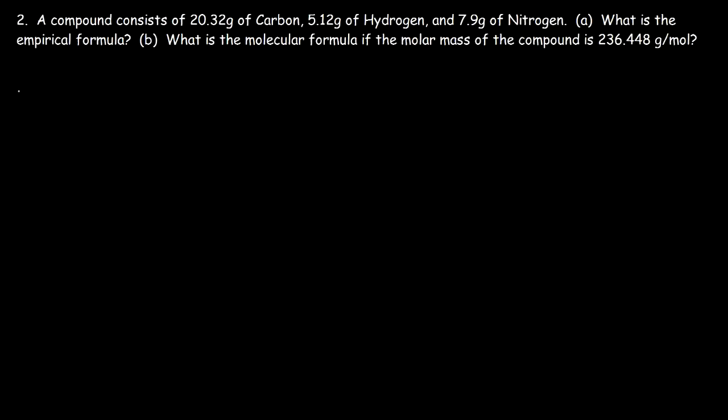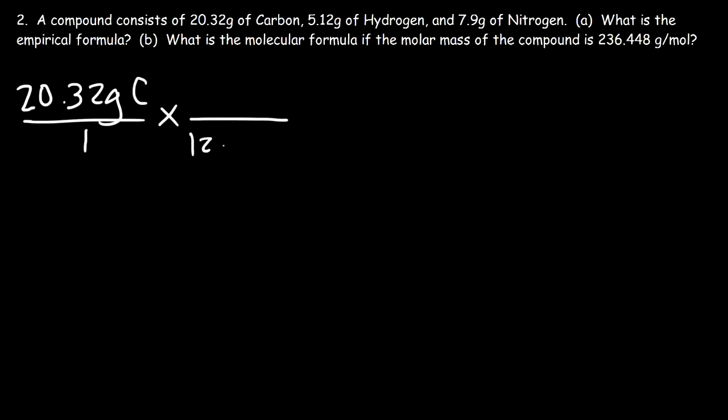So we're going to follow the same steps of converting each into moles. The molar mass of carbon is 12.01 grams for every 1 mole of carbon. So 20.32 divided by 12.01, that's 1.692 moles of carbon.